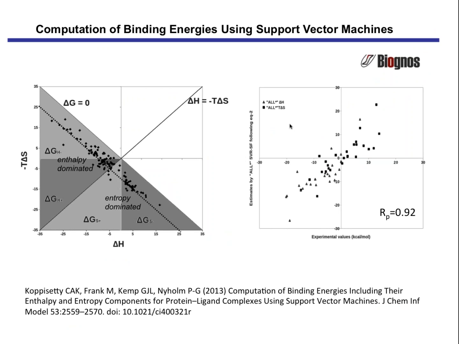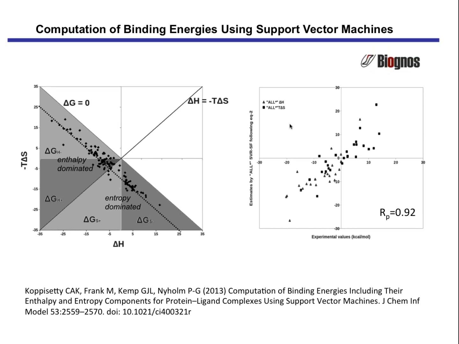From the poll, I know that many of you are computational chemists, so you're well aware that scoring is a difficult field, and unfortunately there's not yet a scoring function that satisfies our needs and allows us to blindly trust the results of the docking. But there are possibilities to improve that a little bit in terms of post-scoring methods. One of the methods that was developed in our company now uses support vector machines.